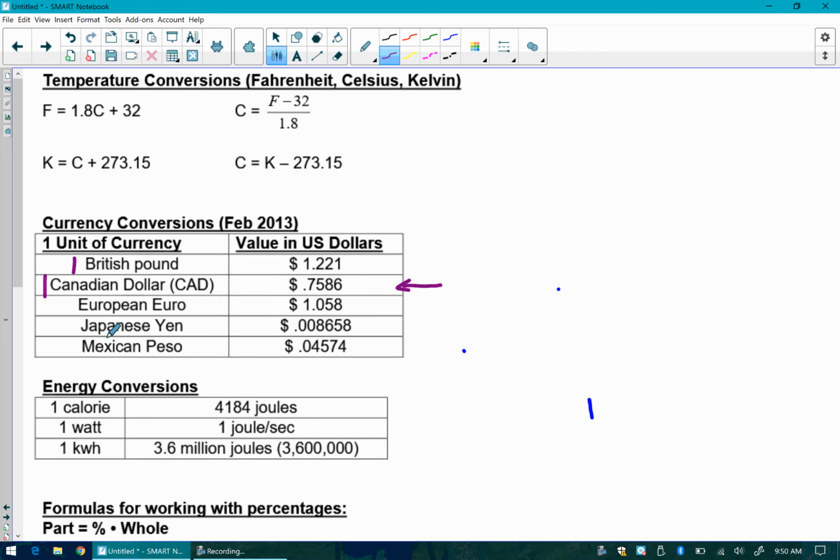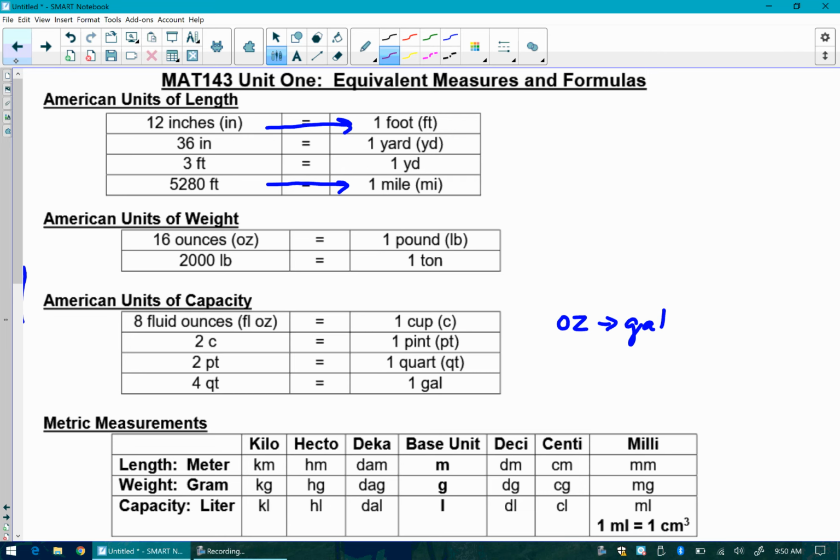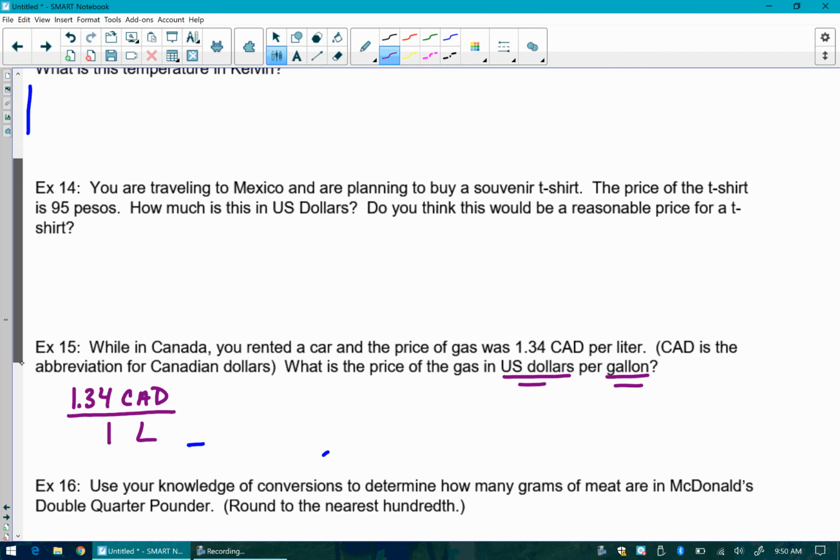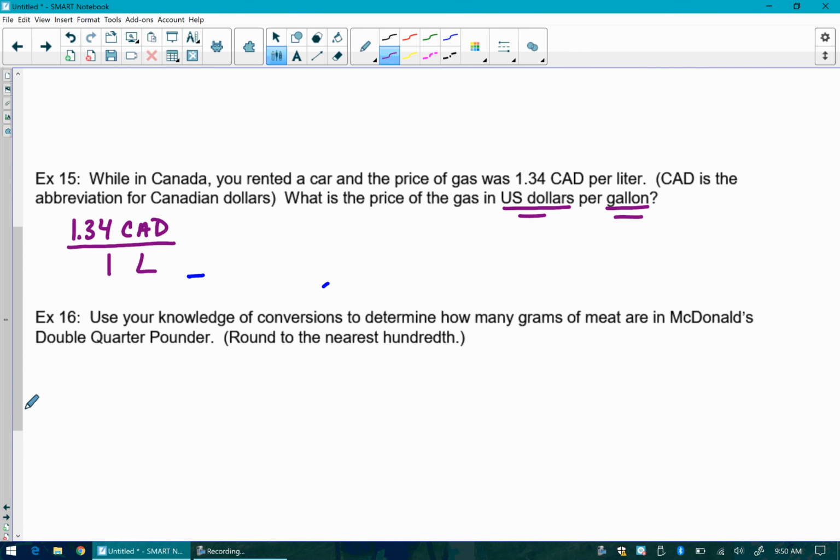Okay, so with that said, I'm going to go back to our notes and back here. Just like I mentioned before, you can convert your money first or your liters first. I'm just going to do the one on top.